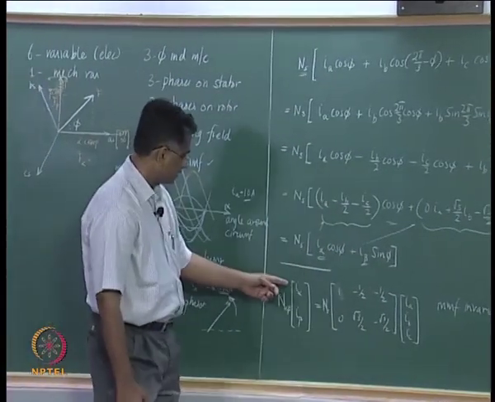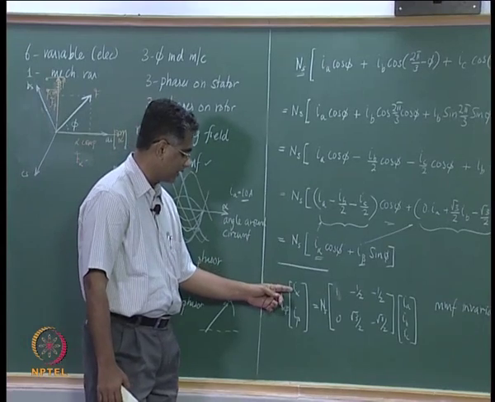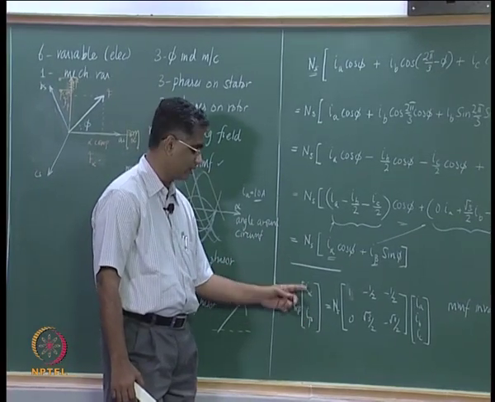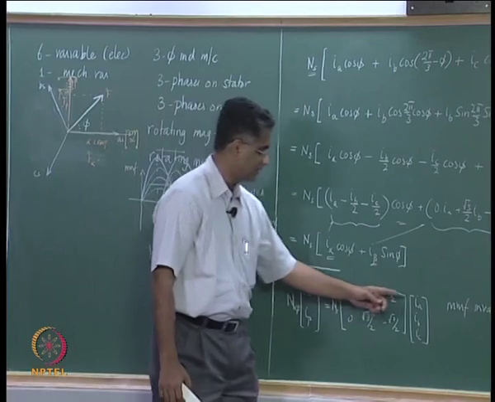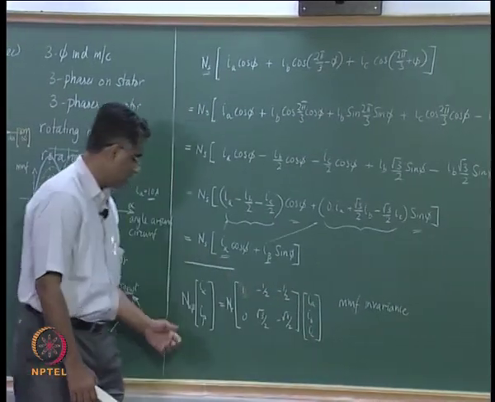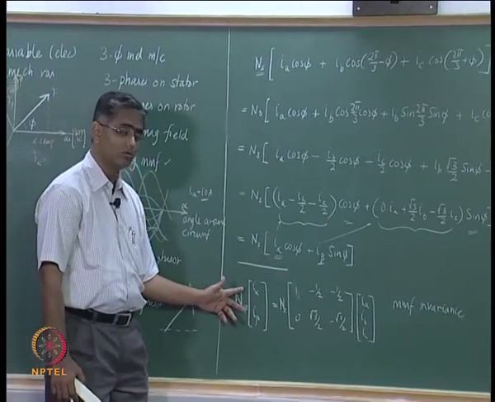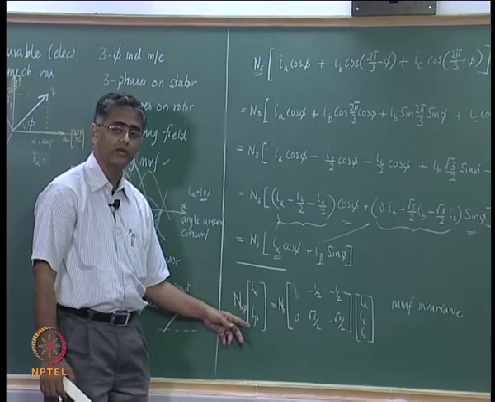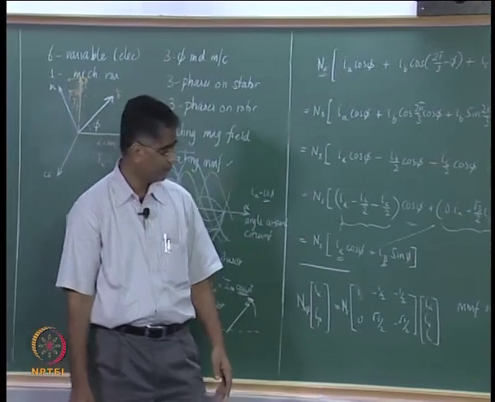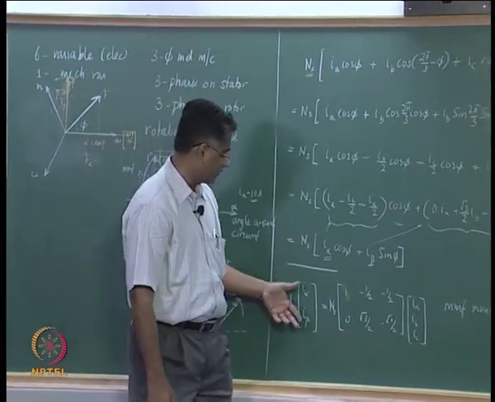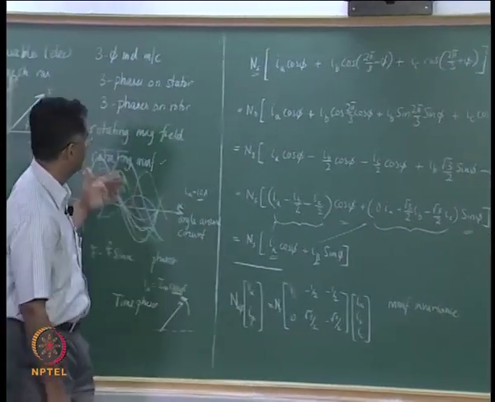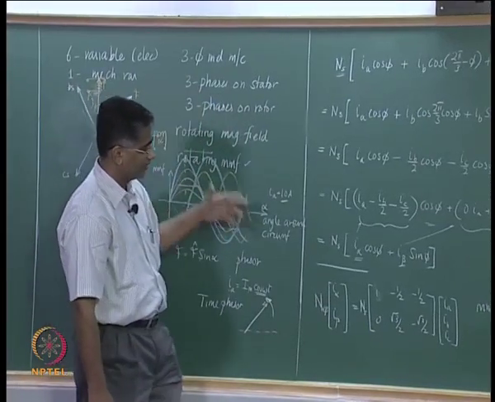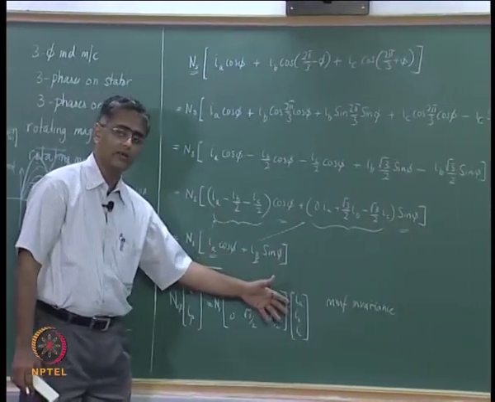However, since this has only I alpha and I beta, number of variables is only 2, whereas here number of variables are 3, maybe we can try to recast the equation in terms of I alpha and I beta, solution might be simpler, and then having found out I alpha and I beta by solving the machine equations, we might then try to get back IA, IB and IC.